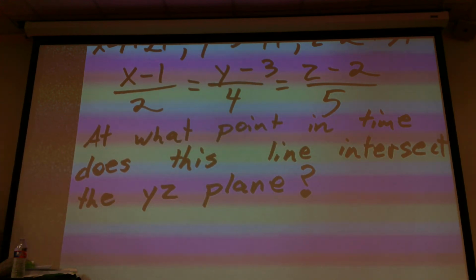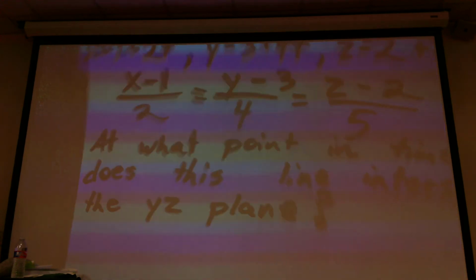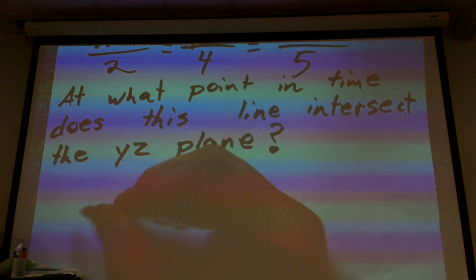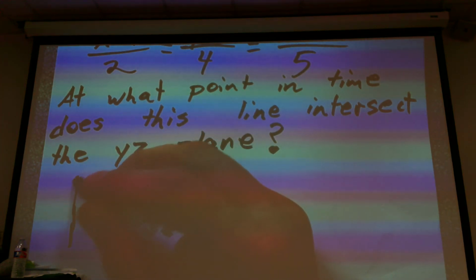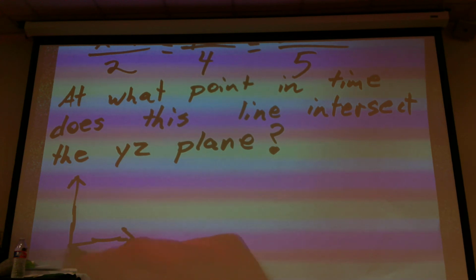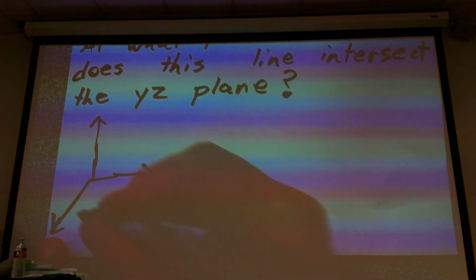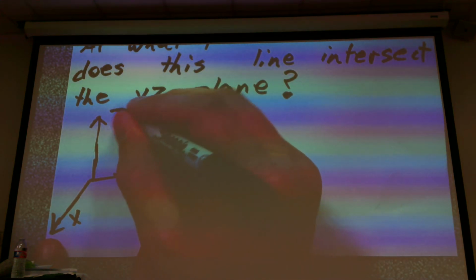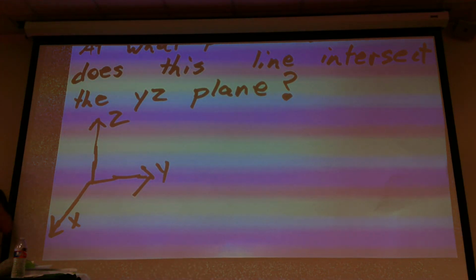If I'm going to talk about the YZ plane, and we had a discussion about this during the last video, remember, this is X, this direction is Y, and this direction is Z. So if I am characterizing the YZ plane, what is it really?